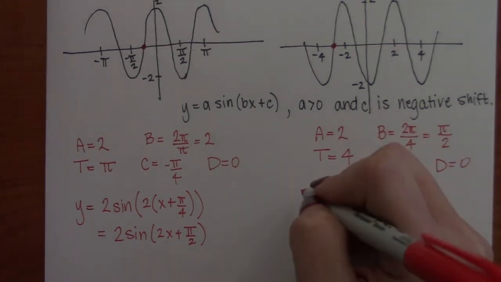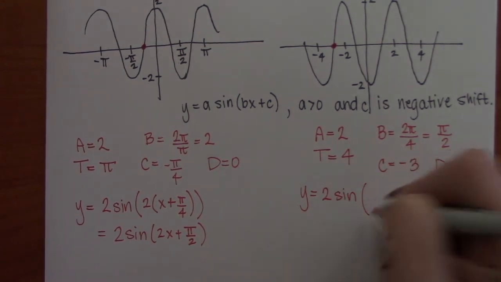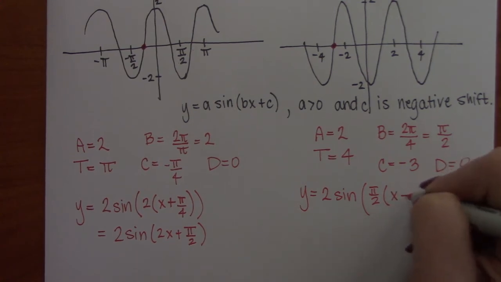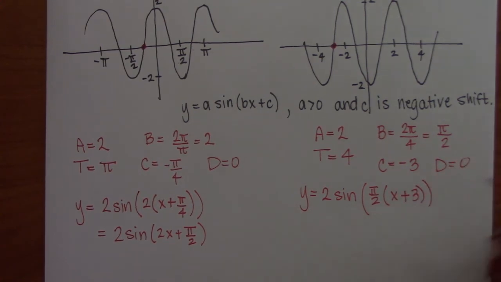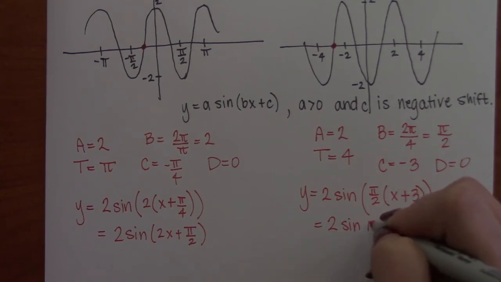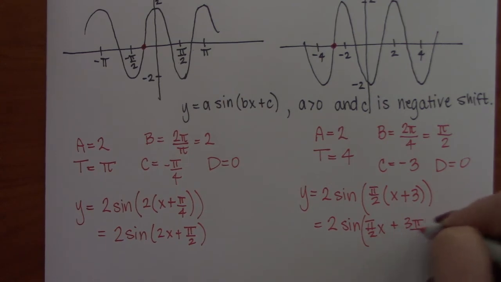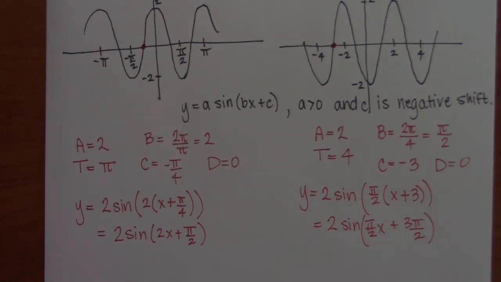For the other wave, we have y equals 2 sine of pi over 2 times x minus 3. And now, when I distribute the pi over 2 out, in this equation, what they're calling lowercase c is not the phase shift.